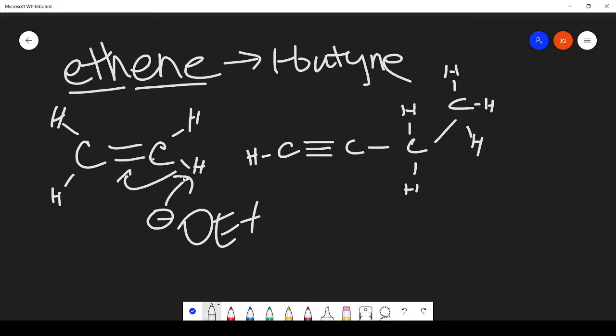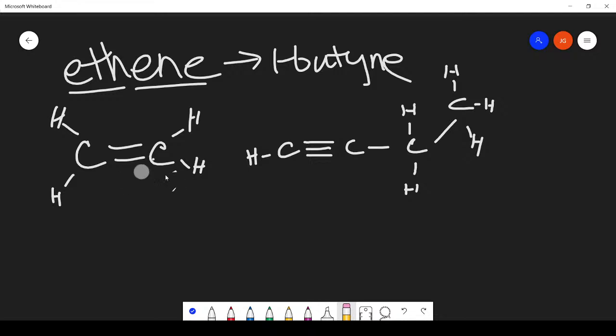Wait, but the difference is... Okay, so we can do an E2, but the problem is there's no good leaving group, so the hydrogens are not good leaving groups. So we need to install leaving groups.